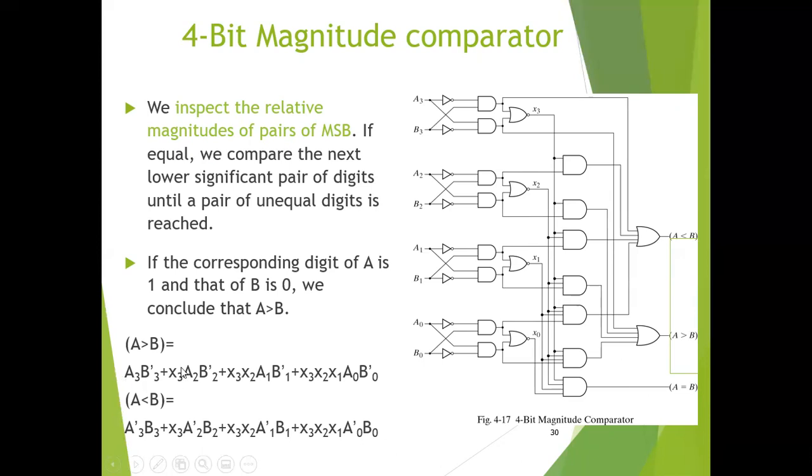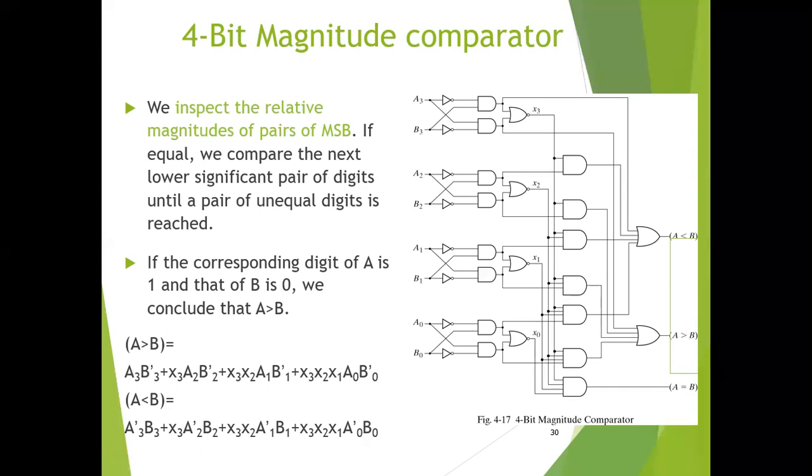As we know, when we compare two numbers, we start from the most significant bit. For example, if A3 and B3 are compared and both are equal, then we move to the next bit.